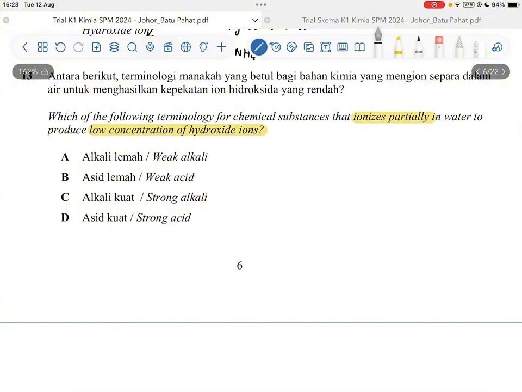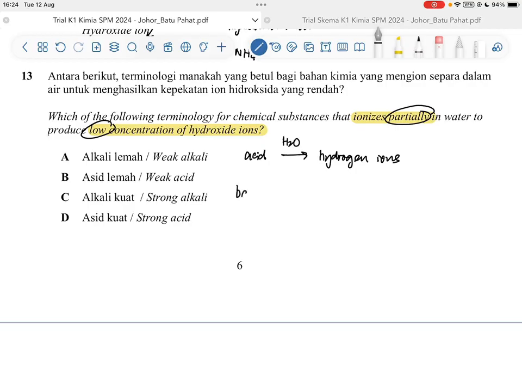Ionizes partially means that it can only produce low concentration of hydroxide ions. For information, acid, when it ionizes in water, produces hydrogen ion. So definitely the hydroxide ion is produced by the base, or we say alkali.